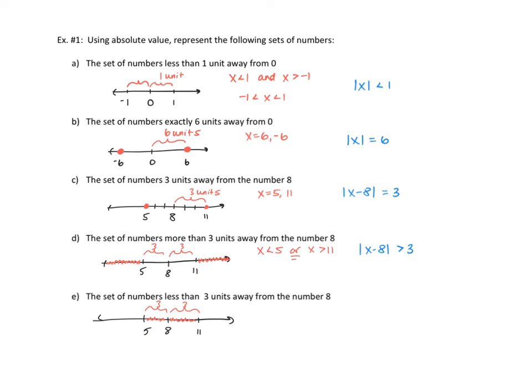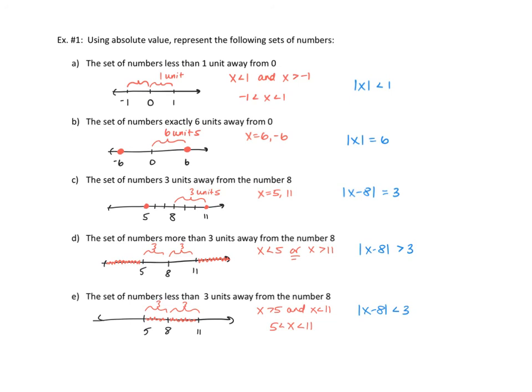So similar to what we had on part A, we could say that x needs to be greater than 5 and it needs to be less than 11. It's stuck inside in between those. We could also write that as a 3-part inequality to say that x is in between 5 and 11. So as an absolute value, we would have the absolute value of x minus 8. The distance between the number and 8 needs to be less than 3.